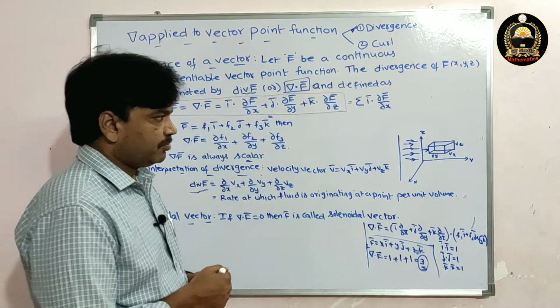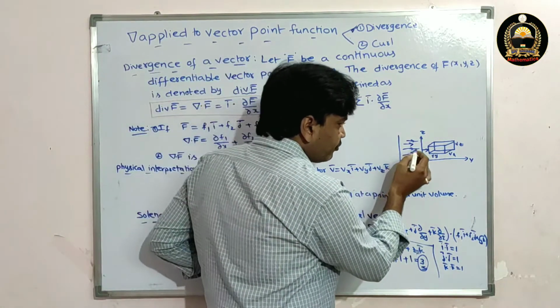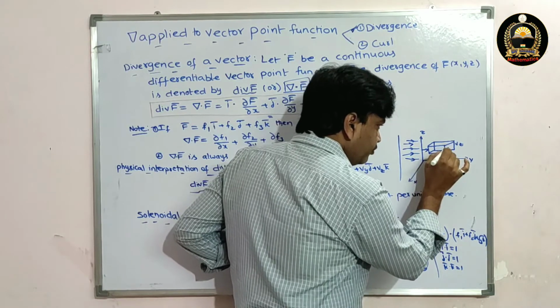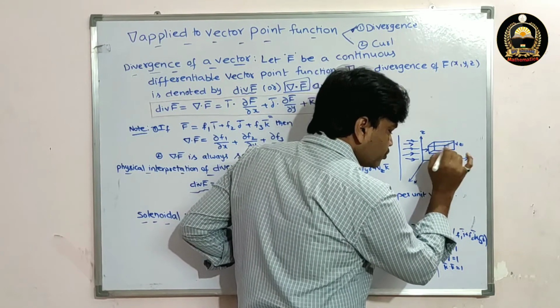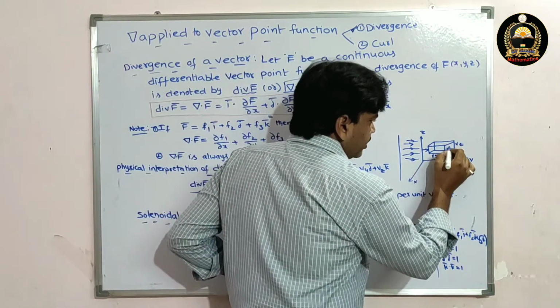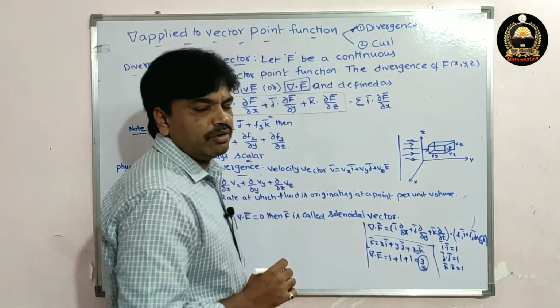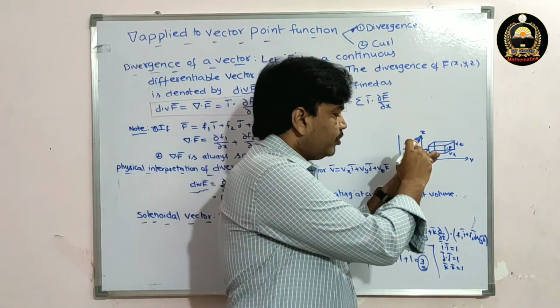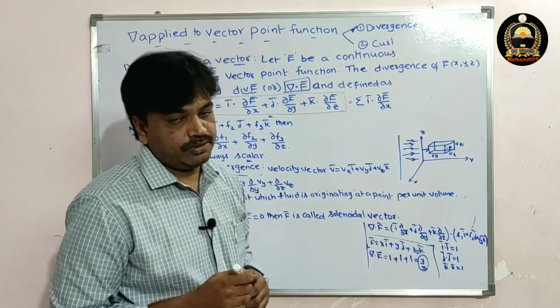Once again, that means the amount of fluid enters through one face and leaves through another face. Say at a point P, the fluid enters and the fluid goes out.